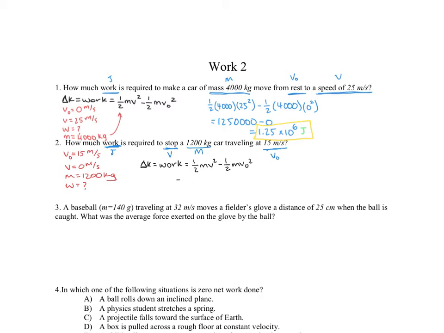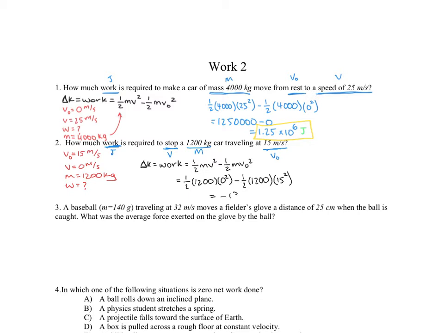If we plug that in, we get 1/2 times 1,200 times our final velocity of 0 squared, minus 1/2 times 1,200 times 15 squared.